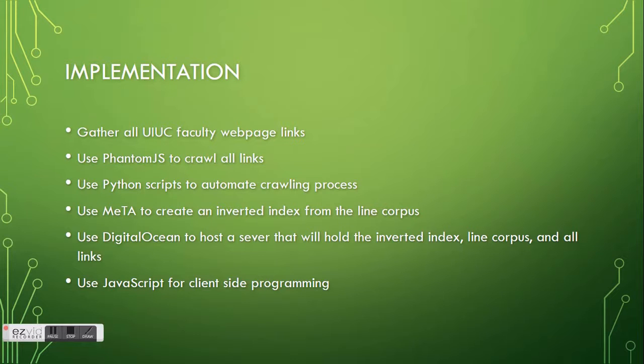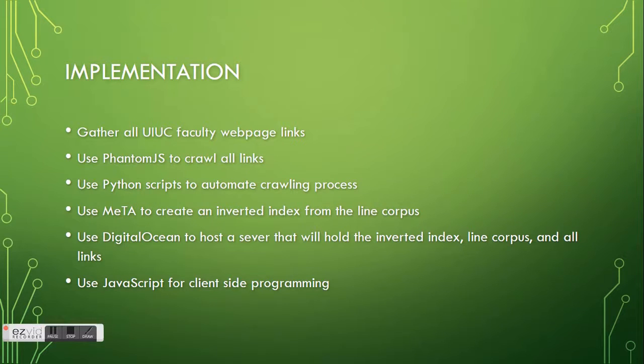So how did we actually create this? First, like I said in the plan, we gathered all UIUC faculty webpage links. After we were able to get a whole list of them and have them in one text document, we used a program called Phantom.js, where we crawled all the links, and we used a Python script to automate this crawling process, as Phantom.js only crawls one web page per run.